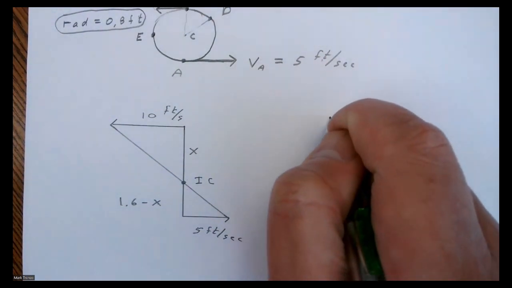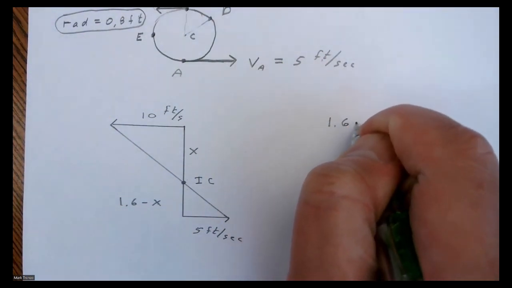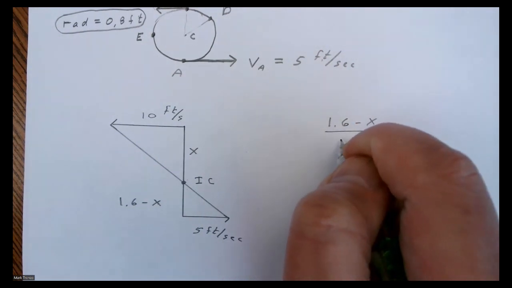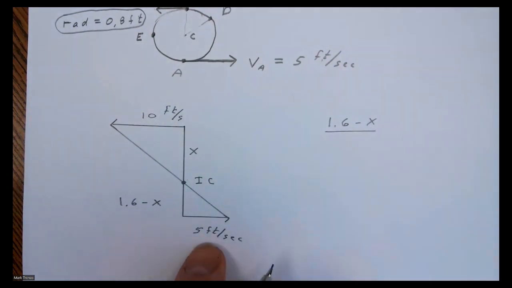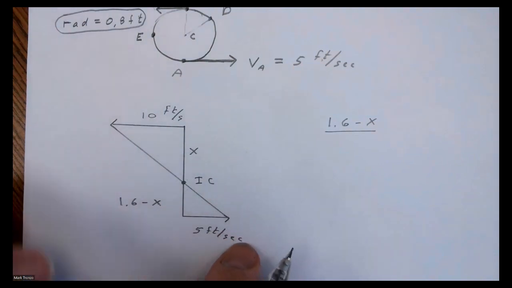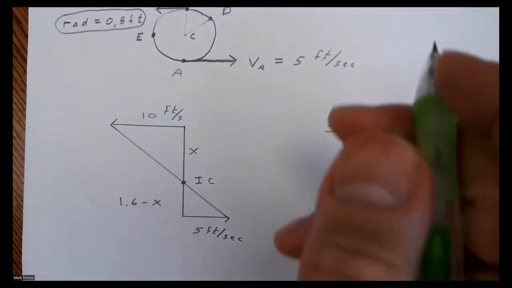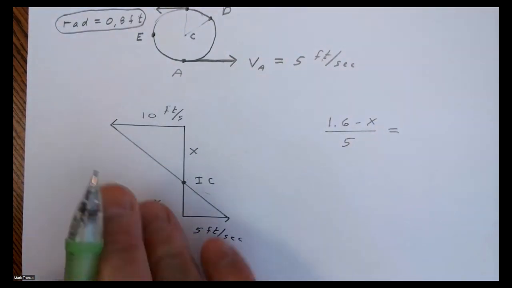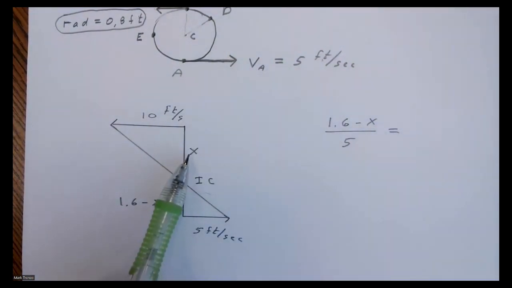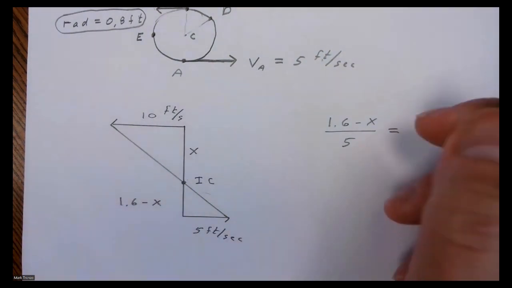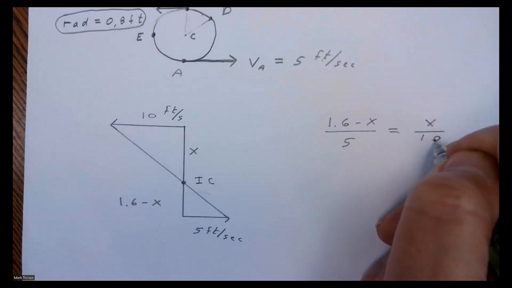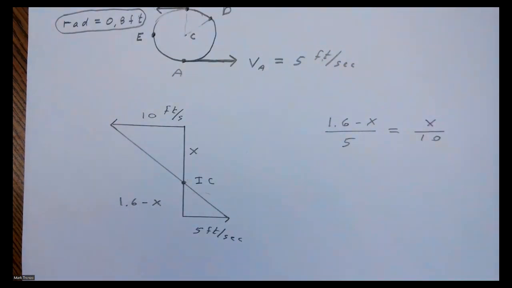In other words, 1.6 minus X is to 5, looking at this triangle here, and that's going to be equal to X to 10 for this triangle.